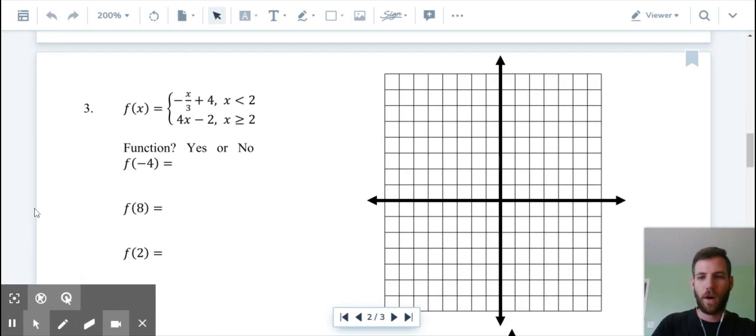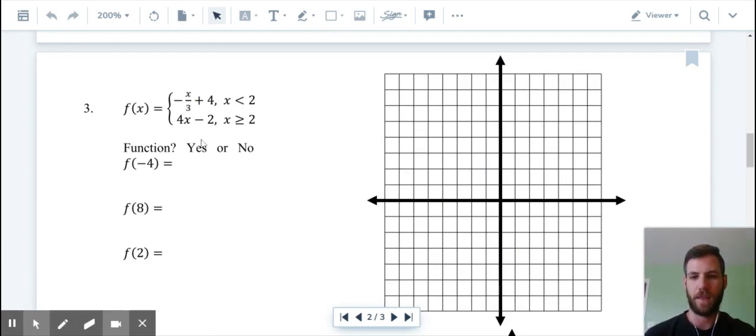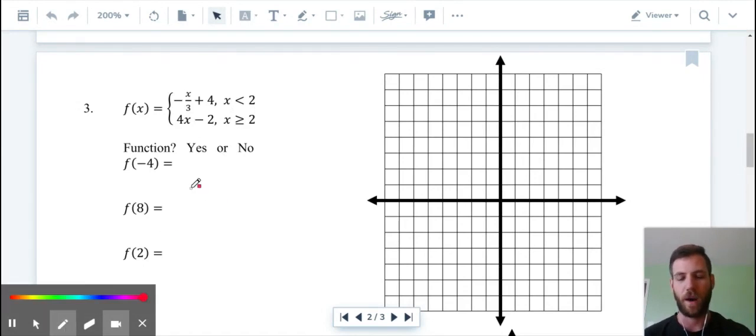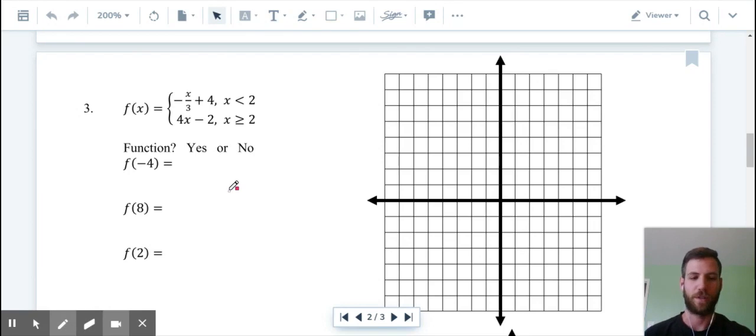We're now on question number 3. And in this example, we are going to be graphing two functions again and the inequalities that go along with it as well. So let's evaluate our function first and then work on graphing it second. So in this first function notation problem, we have f of negative 4. Well, negative 4 is definitely less than 2, so I would want to use our first equation.